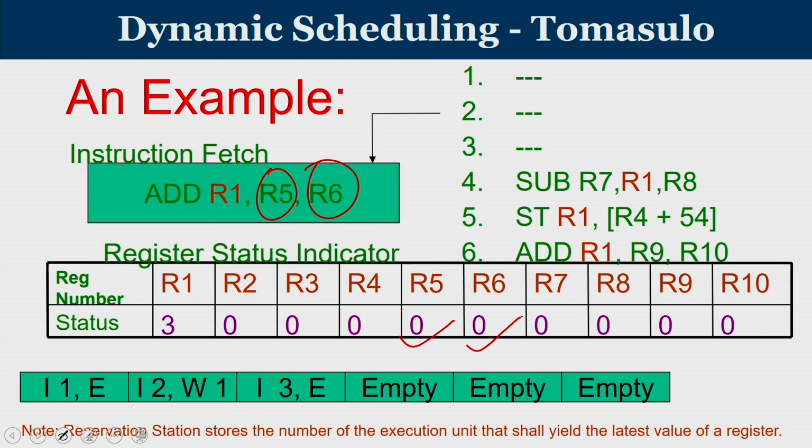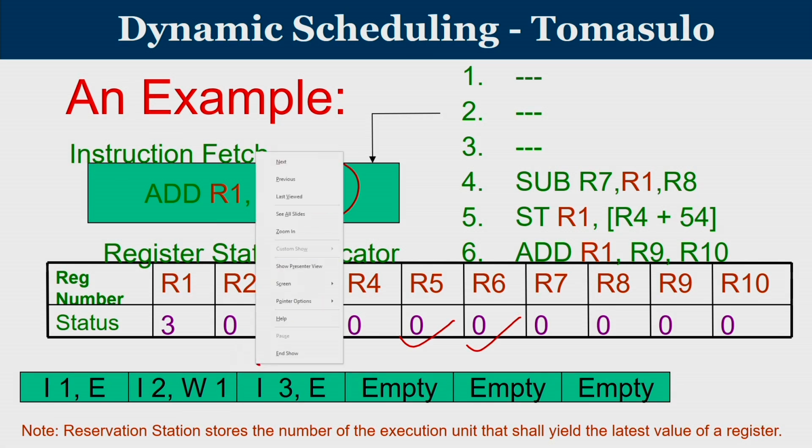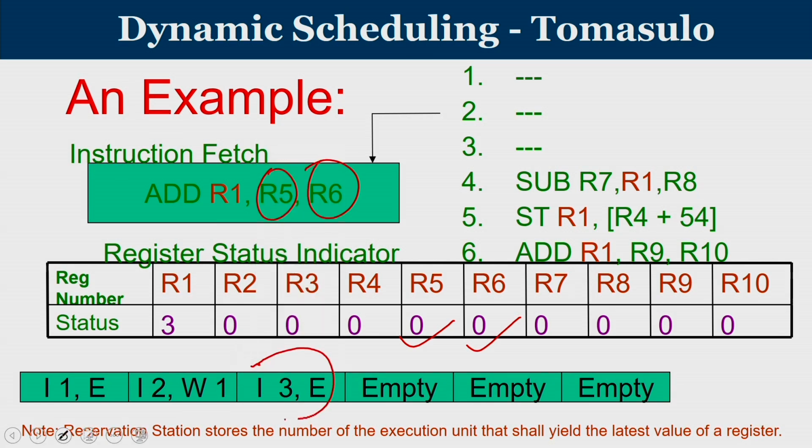That means you can go into the register file, get the data. Since operands are available, I will assign them to the third execution unit. This is I3, the third instruction, it is going to execute. Now at this point the result is to be returned to R1.